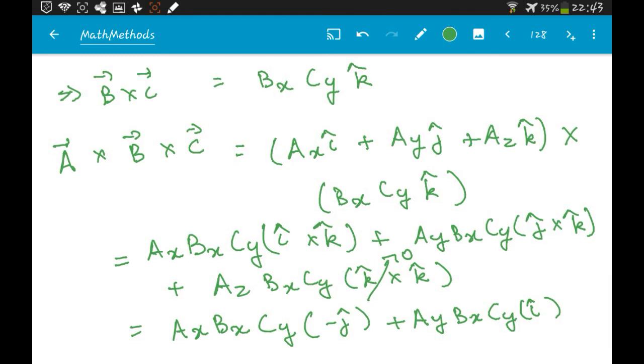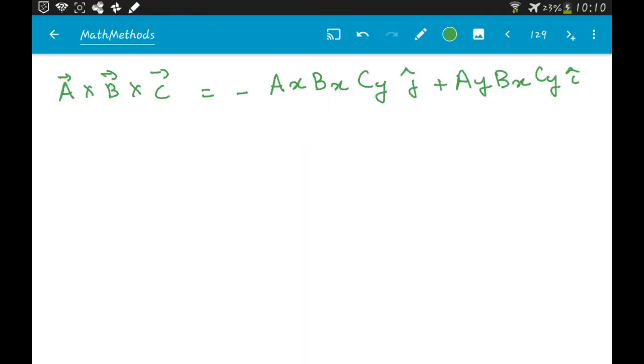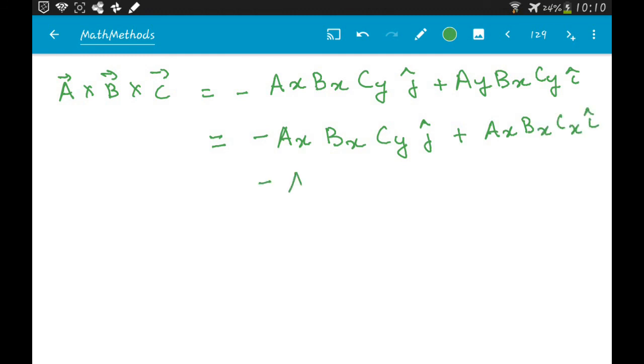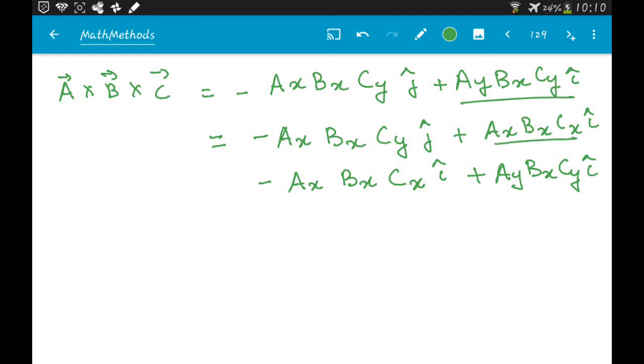Okay, so let's simplify it further. We have this equation: A cross B cross C is equal to minus AX BX CY J plus AY BX CY I. So we can do minus AX BX CY J, and we can add and subtract AX BX CX I, and then we have this term left, AY BX CY I. So we basically added and subtracted this term.